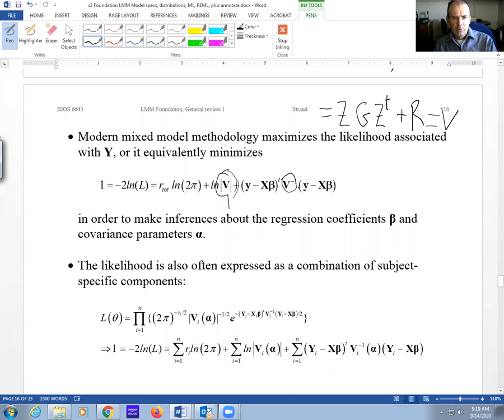Okay. What about taking care of multiple subjects though? How do you account for multiple subjects in our likelihood function?